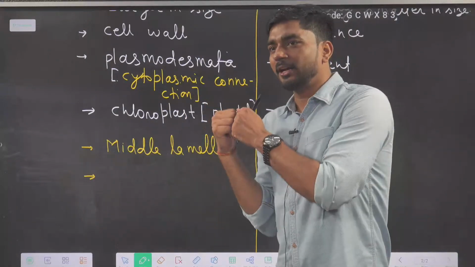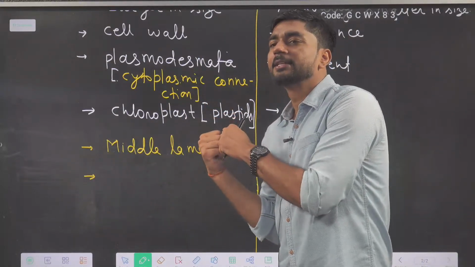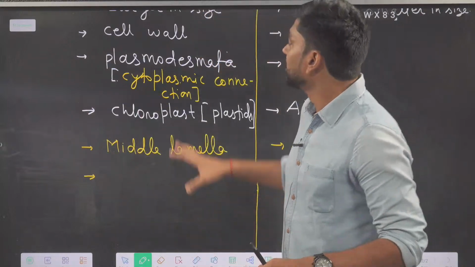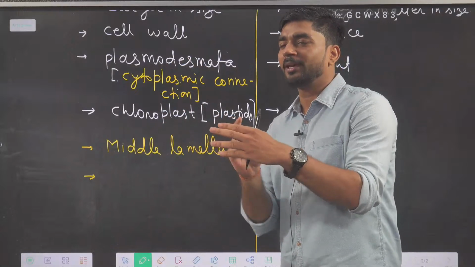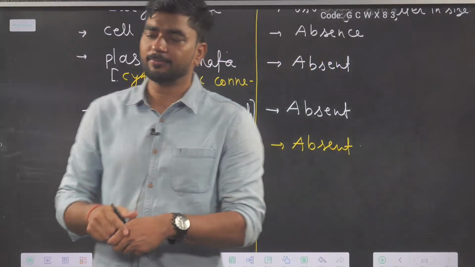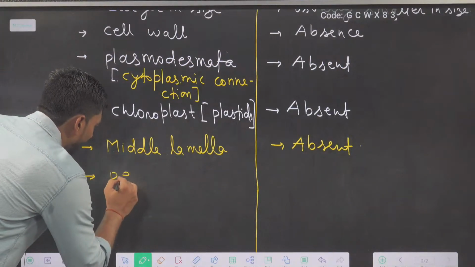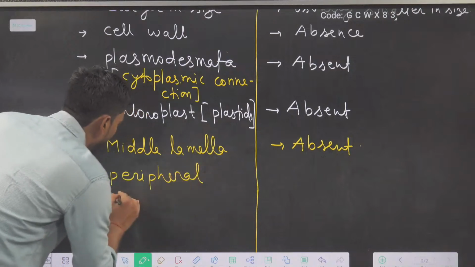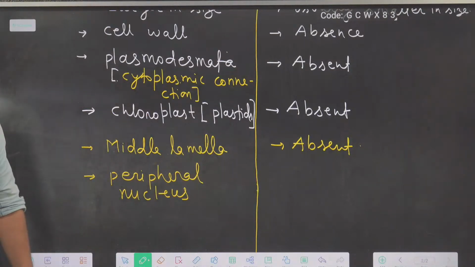So nucleus is getting very less space. That's why the nucleus is present in the periphery, an elliptical type of nucleus. So nucleus is present, but it's not central. So the nucleus is peripheral.